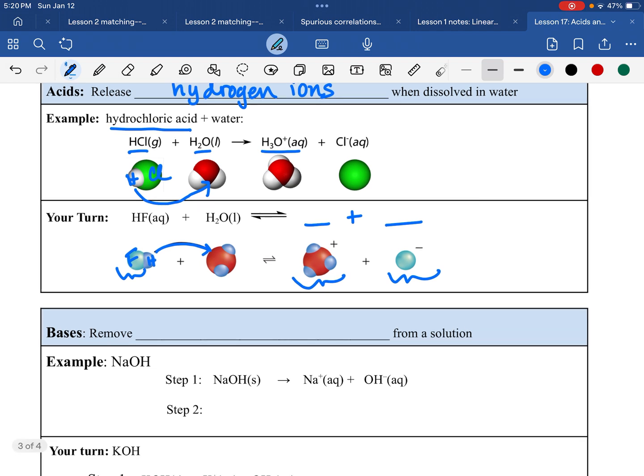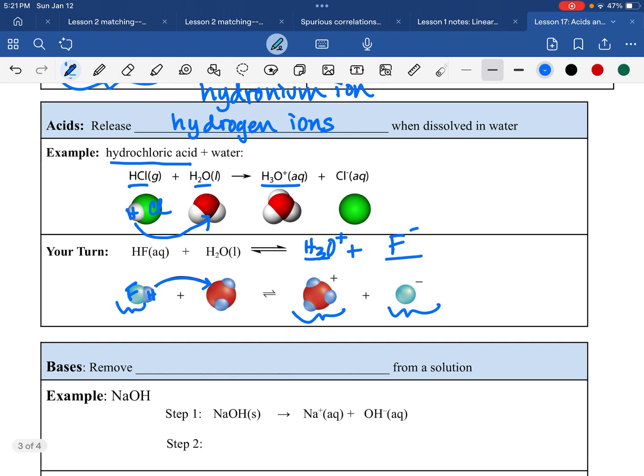Okay, coming back, if you called them the H3O plus, hydronium, and F minus, fluorine, then you're right. That is what they are. So hydrogen fluoride is an acid because it releases hydrogen ions when dissolved in water.